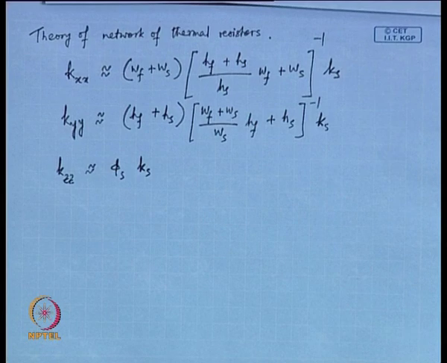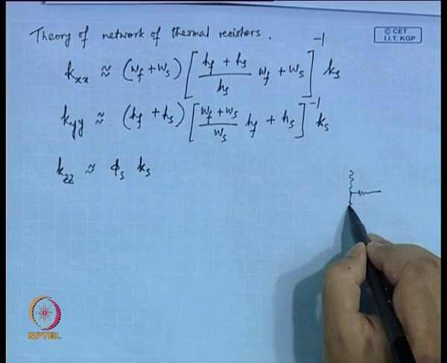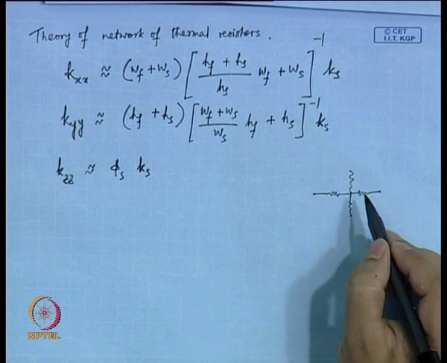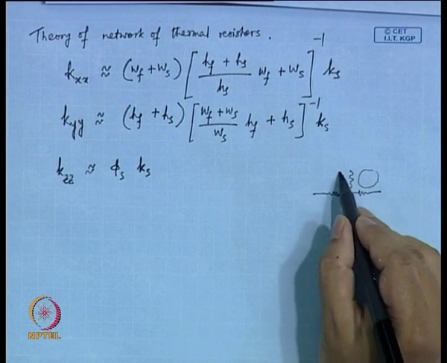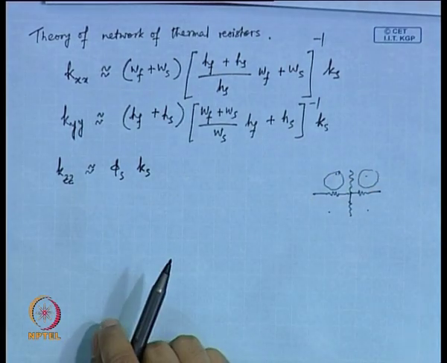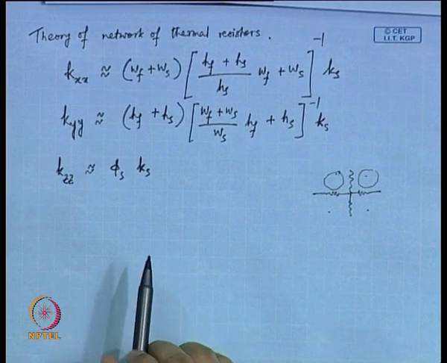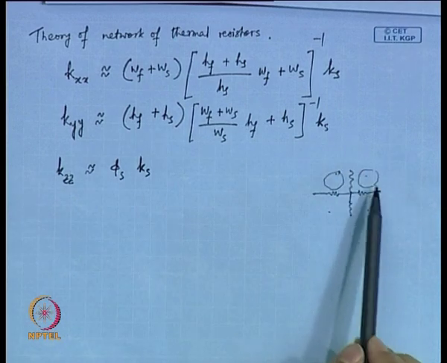So, you have thermal resistors, but how are they aligned? Think in that line. You have one channel, then you have another. There is one channel. Then this is connected to another channel in this direction. This is connected to another channel in this direction, and then you have these porous voids through which the gas is flowing. So, you have this network of thermal resistors.